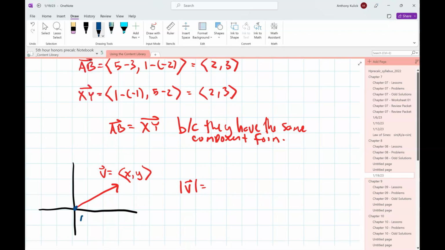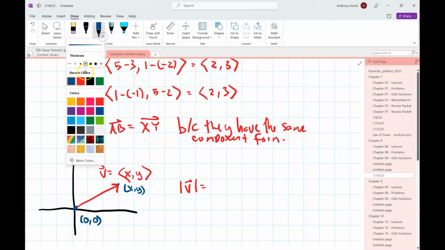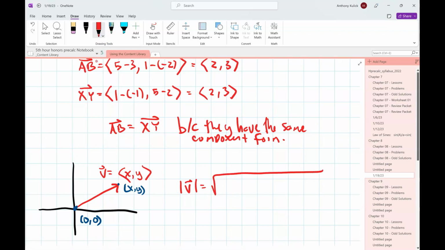So we're calculating the distance from 0, 0 to the point x comma y, right? Well, what's the distance formula? Well, it's the square root of x2 minus x1 squared plus y2 minus y1 squared. And since we're doing this for a component form vector, x1 and y1 is always the origin.